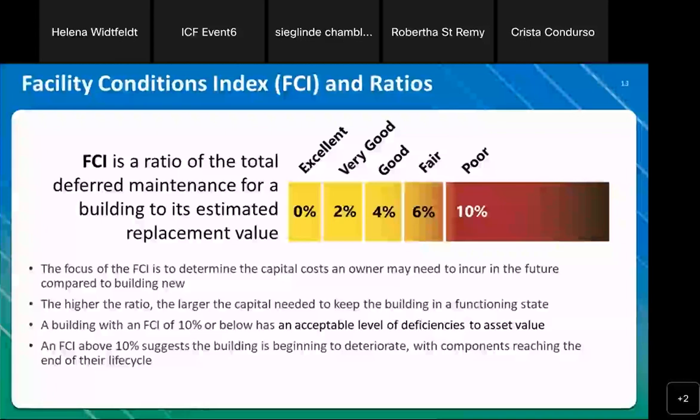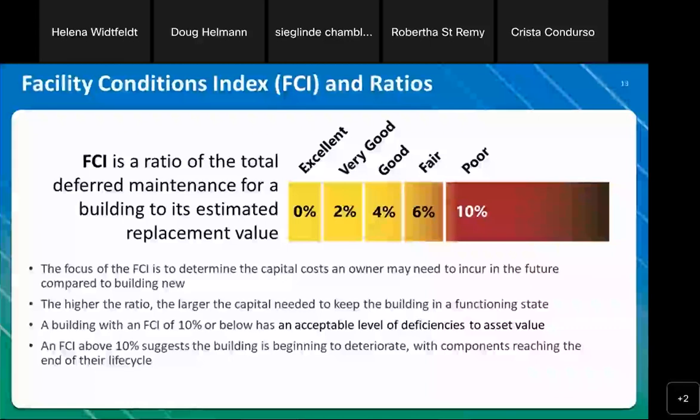Yeah, thank you, Sig. So the FCI is an industry standard that's recognized throughout the facility management and ownership world. It's really just trying to classify the amount of deficiencies you have in your building portfolio over its replacement value. And so if you think of it as a percentage, and if you draw back to what you were talking about as a percentage of your home.